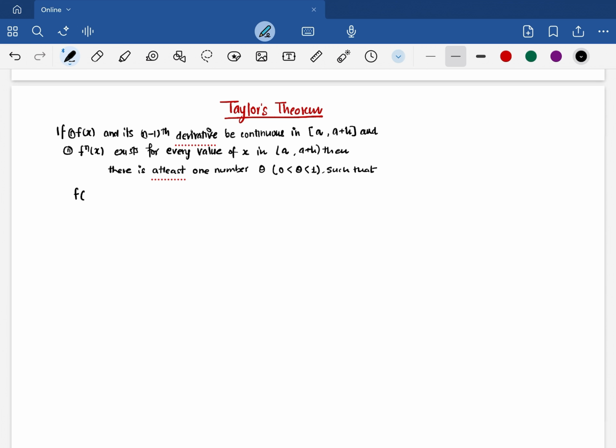f of a plus h is given as f of a plus h f dash a plus h square upon 2 factorial f double dash a and h cube upon 3 factorial f triple dash a, and so on.